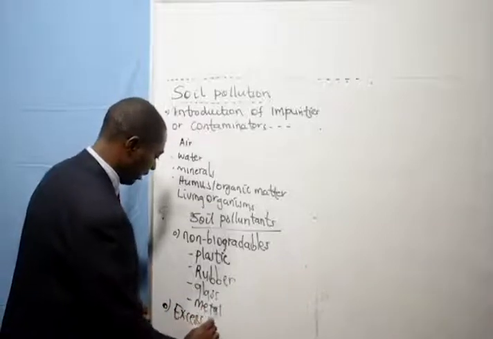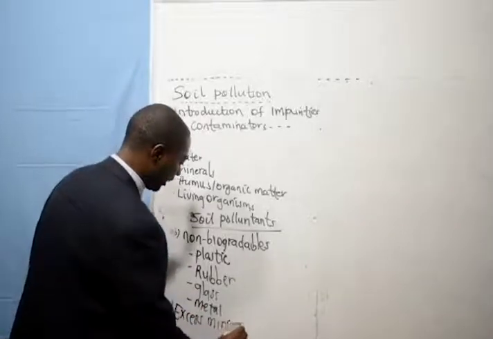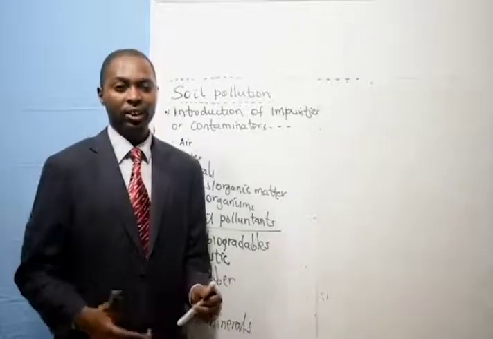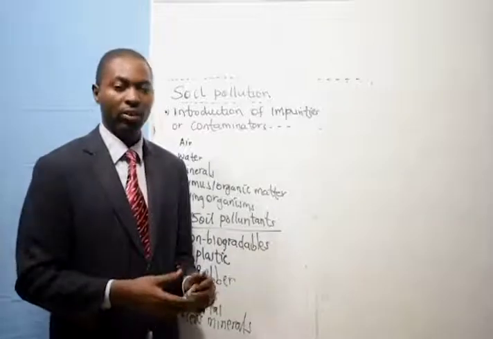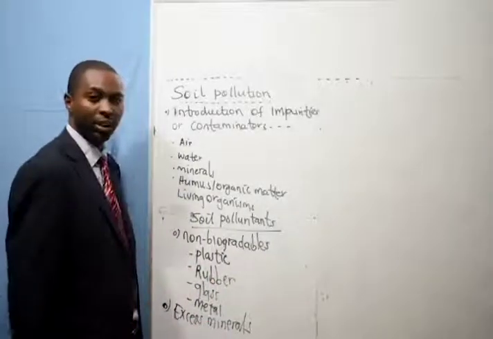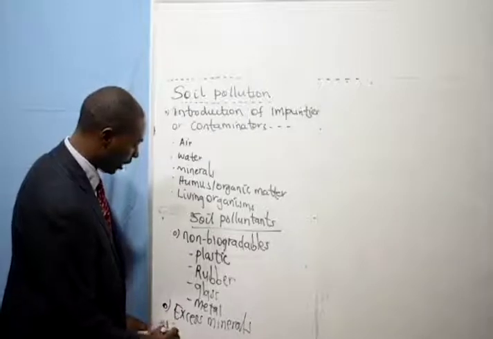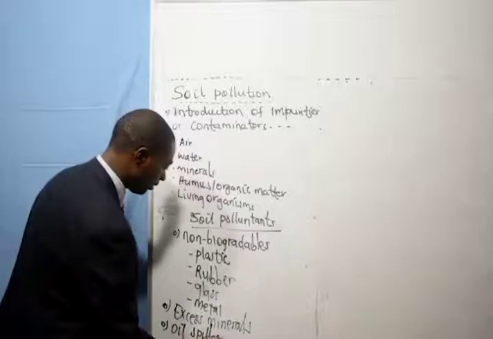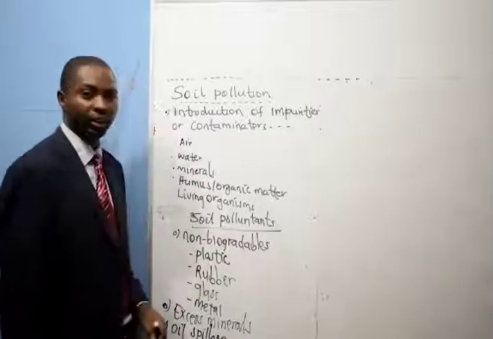The other thing that pollutes the soil is excess minerals. Excess minerals are simply rocks. If you carry out mining, you expose the rocks on the earth's surface, and you expose the excess minerals. You can also have oil spillage. Oil pollutes the soil.